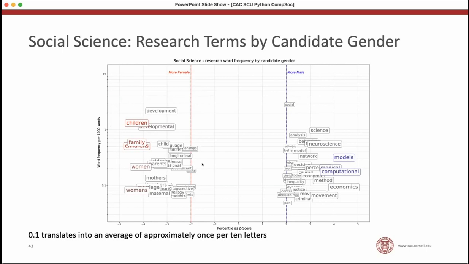There's, I think, some evidence here, although weak because it's an open-ended analysis, that women tend to study children and family more than men. Men seem to focus more on models and computation in social science. But this is an example of a kind of analysis that is enabled by Python.